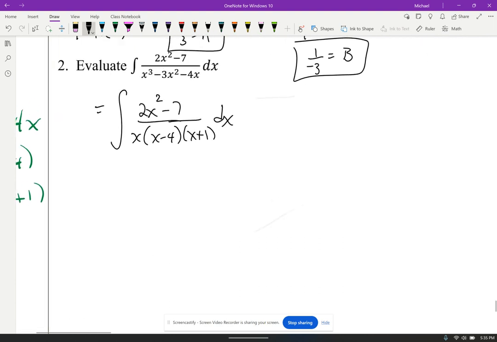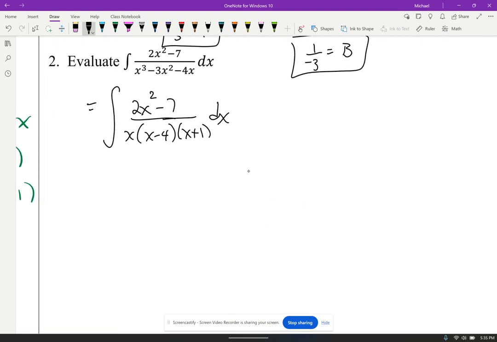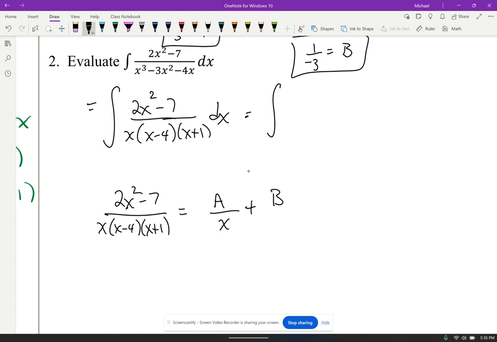Great. I need that because if I'm going to break this big rational function into little ones, then I need to say that this is the same thing as some number over the first factor plus another number over the second factor plus another number over the third factor.